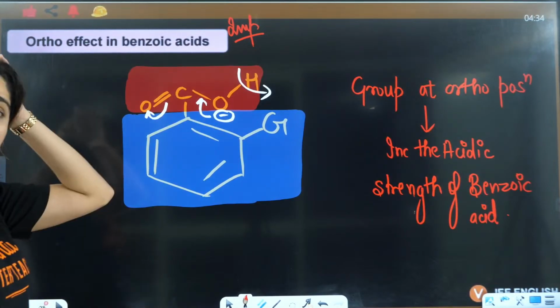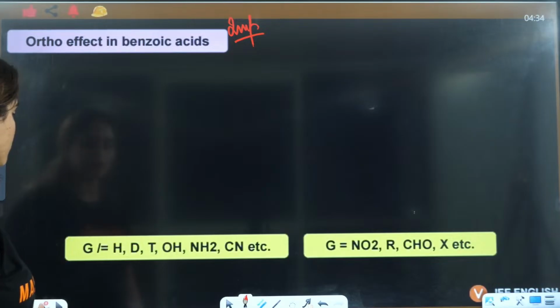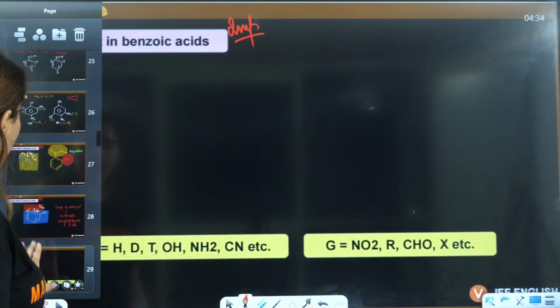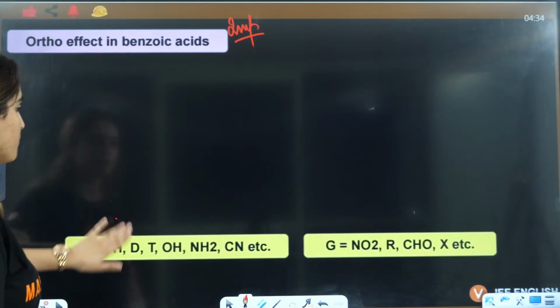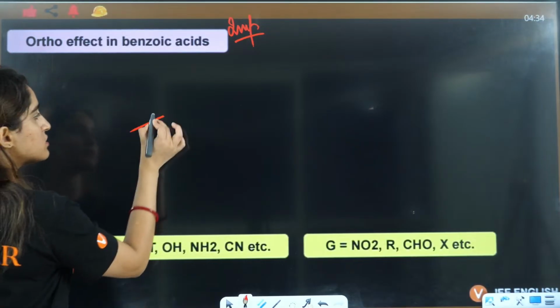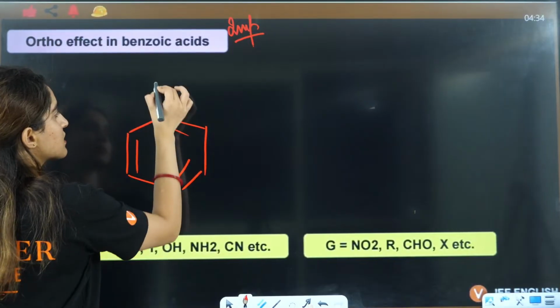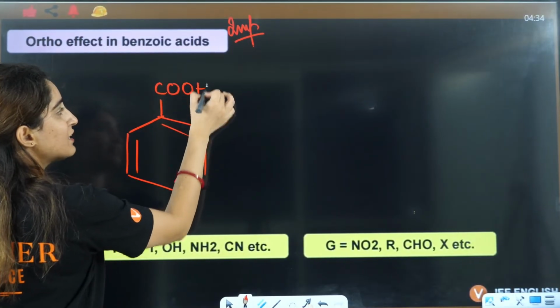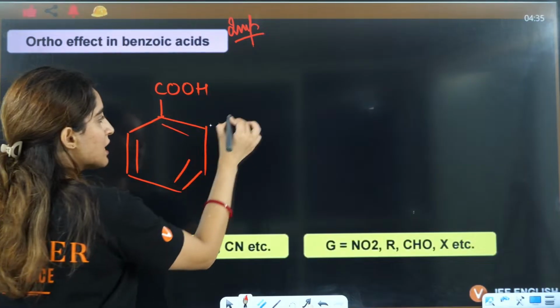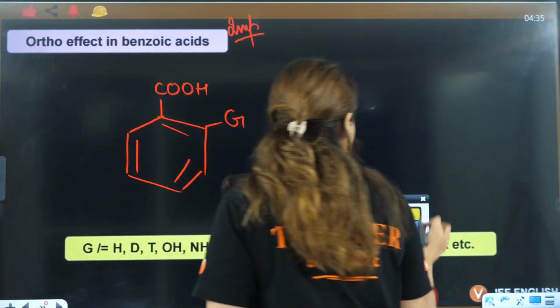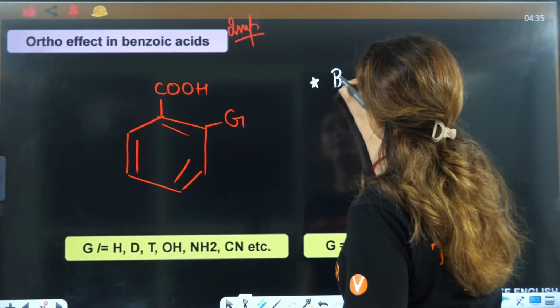Now we are going to see what are the groups that actually show this particular acidic strength here. So the groups, if you see, this group has to be bulky, right? If you have COOH here, firstly it is shown only by benzoic acid. The first thing is, you should have benzoic acid.